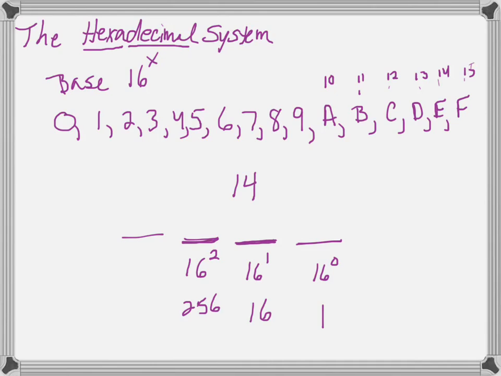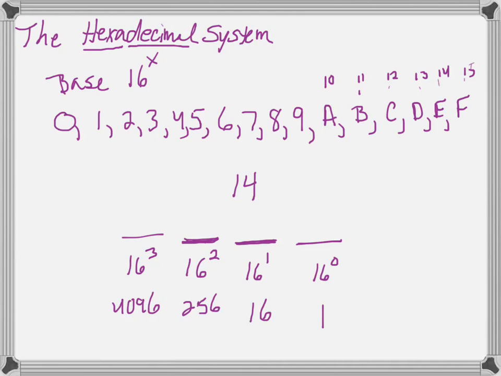So this is like groups. Whatever digit I have in here is the number of groups of 256 that I have. So those are pretty big groups. And then we could go 16 to the third, which is actually a group of 4096. So we can get pretty big numbers really fast. We don't need a whole lot of digits to get really big numbers here.